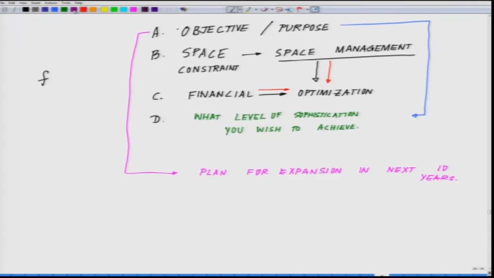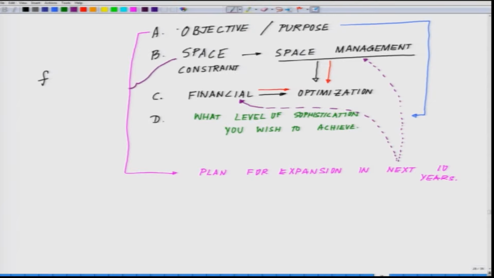What I was mentioning earlier is both. This is a direct function of your space management, as well as your financial management at that point. These two are very critical, and I used another one word.